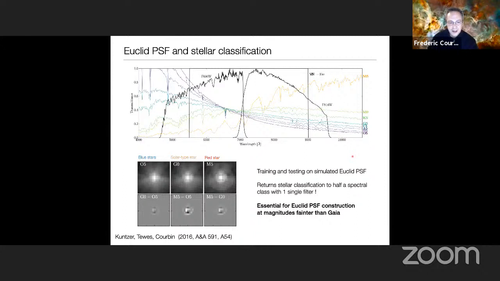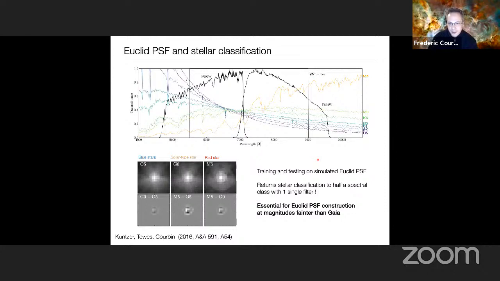Then something interesting in any astrophysical problem is PSF reconstruction. So to inverse a lens model, to do weak lensing, to do stellar photometry, you need to know the PSF of the instrument.